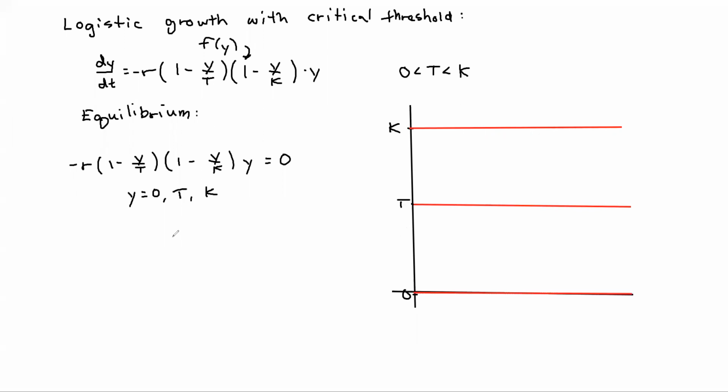Okay, and then can we figure out more information about how the populations behave outside of 0, T, and K? Of course we can. We can look at the phase line just like we did previously. So we can draw the phase line.